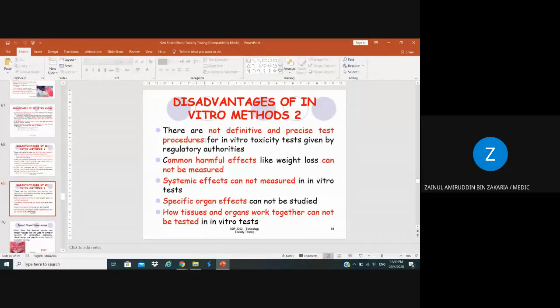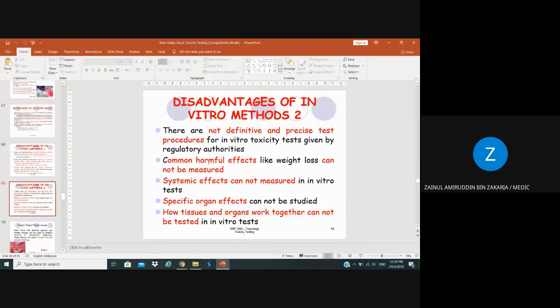Common harmful effects like weight loss cannot be measured. For example, if the compound has the ability to reduce the weight of the animal, you cannot see that in an in vitro study. Certain effects, for example salivation and diarrhea, you cannot see using in vitro.